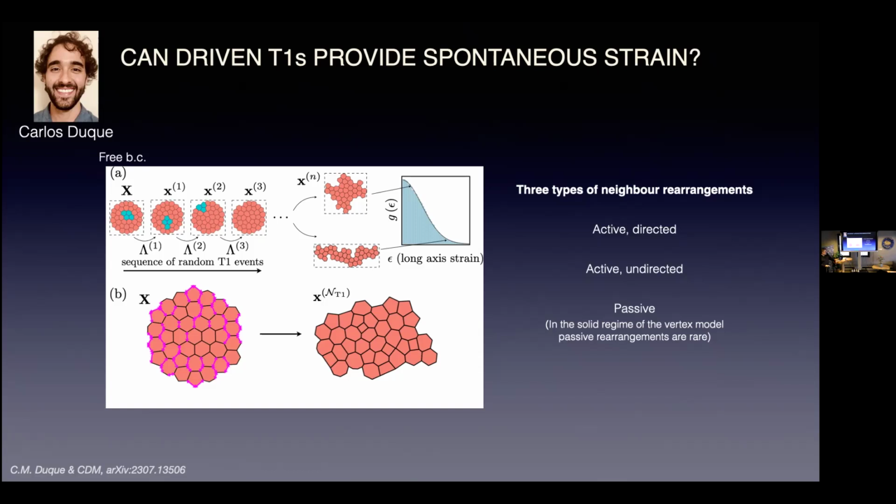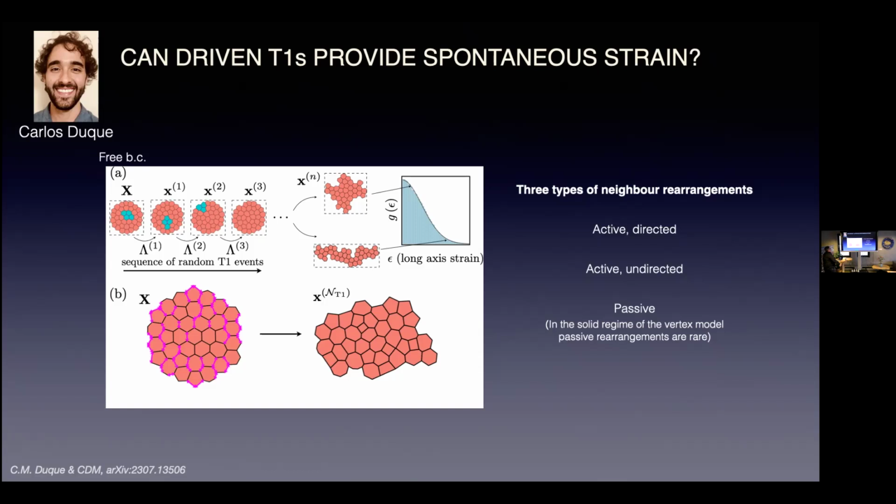So we're deep in the solid regime. For our simulations, we do get passive rearrangements, but I don't think Carlos ever saw an avalanche. Every once in a while when we drove an active one, we would get one passive one in response. Most of the time we drove an active one, there was no passive T1 in response. But you do get them sometimes, just for completeness.